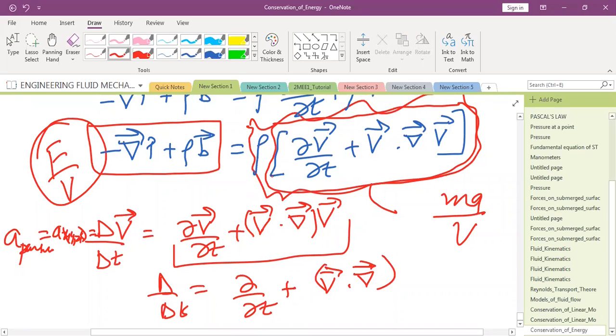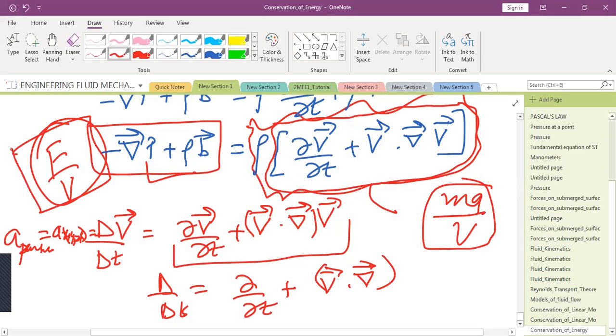So you end up with a very simplified expression, that is simply putting force per unit volume equal to mass times acceleration per unit volume. It is as simple as that. But now you have the values in terms of velocity vectors and pressure. So those are flow variables now.